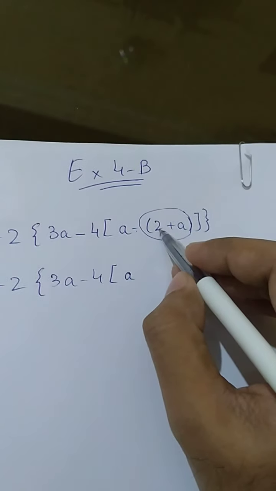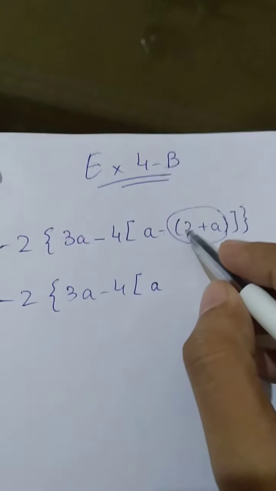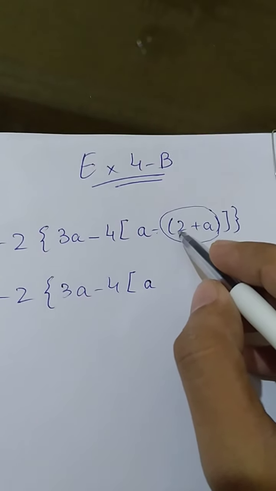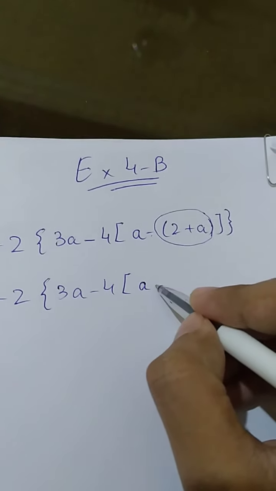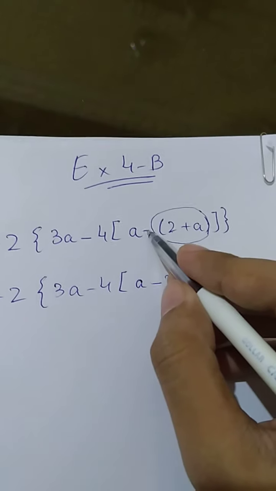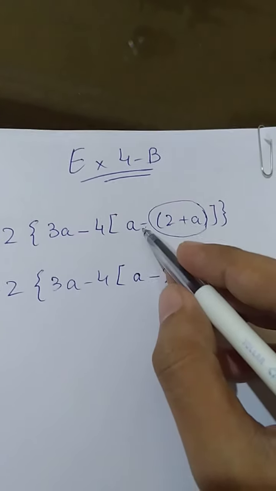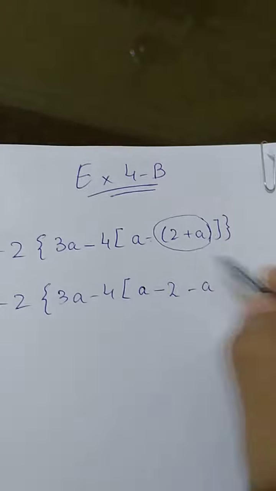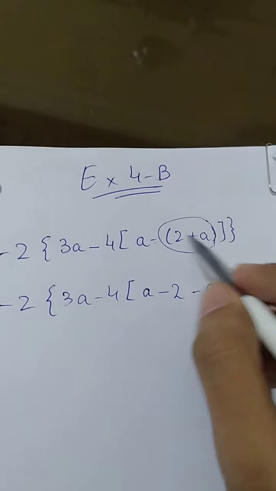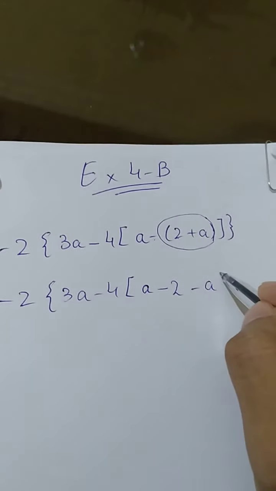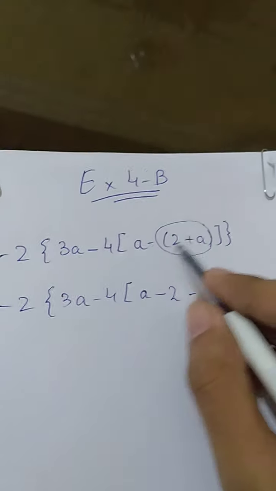So minus with +2, as 2 does not have any sign with it, it will be plus. So minus plus, it will be -2. Then minus with this plus a, minus plus minus a. Now, as we have solved the round bracket, the round bracket will not be written now. So see, the first bracket is solved.